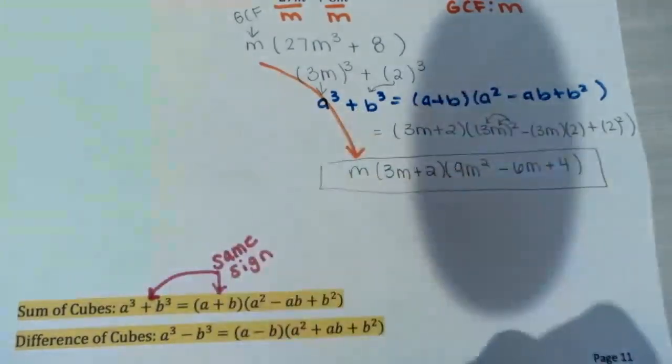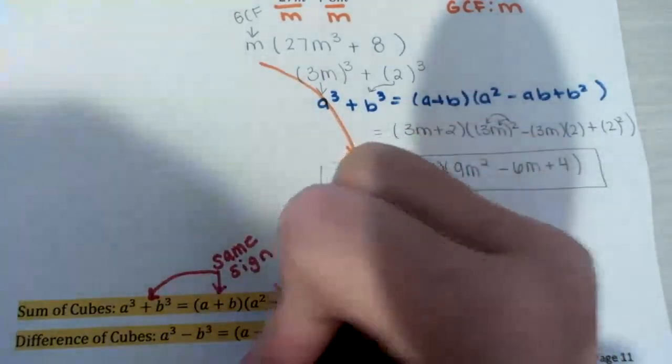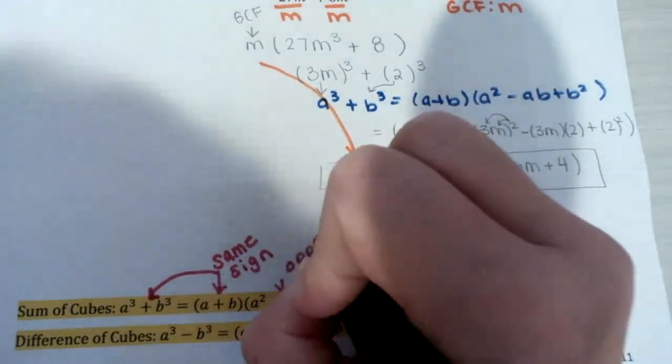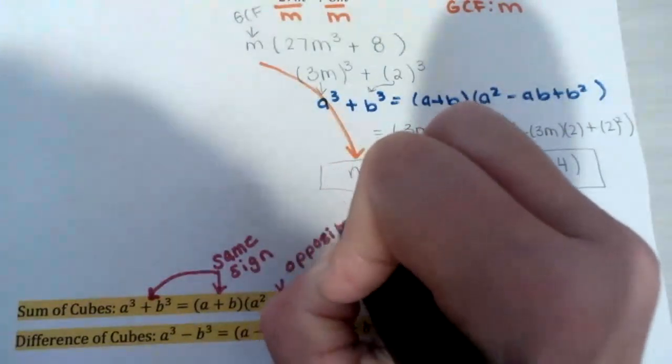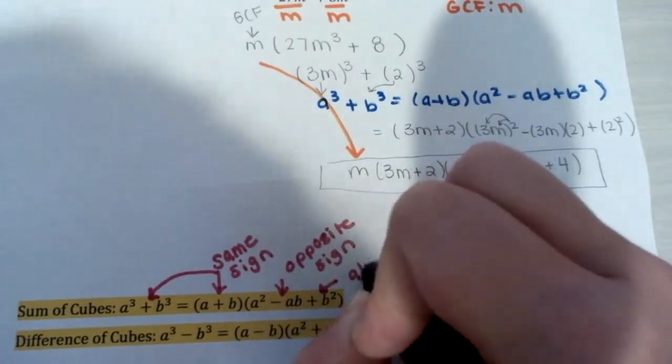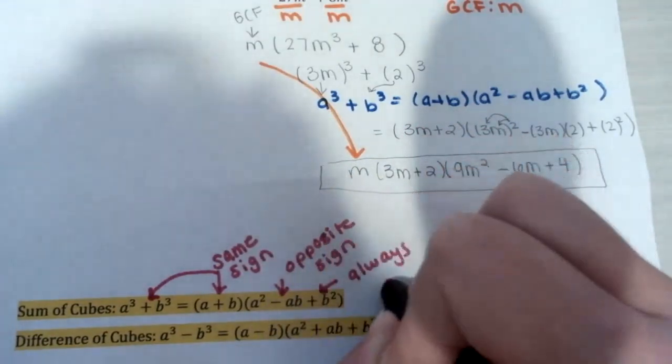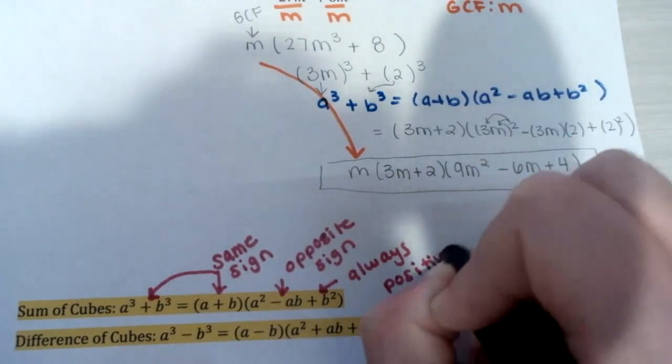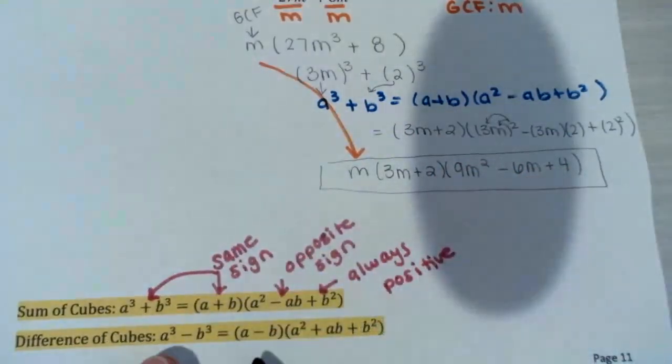This sign is always the opposite sign. And then this sign is always positive. So same for both. So same sign, opposite sign, always positive.